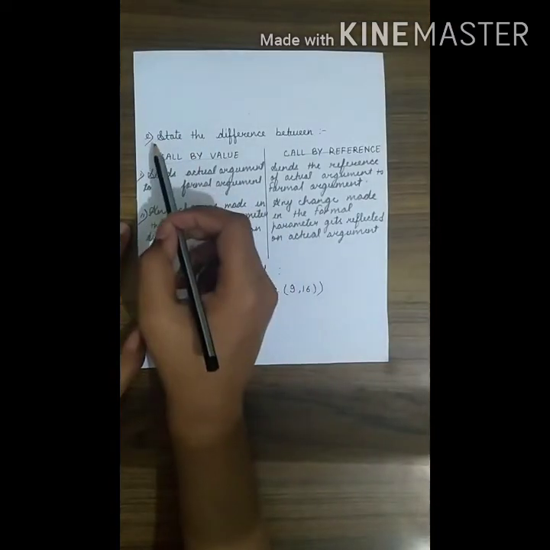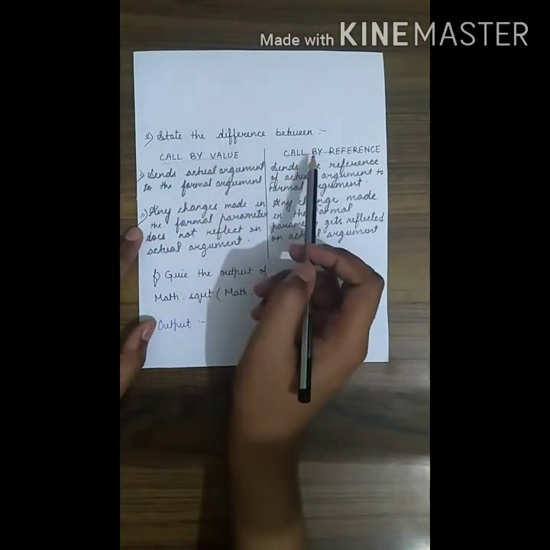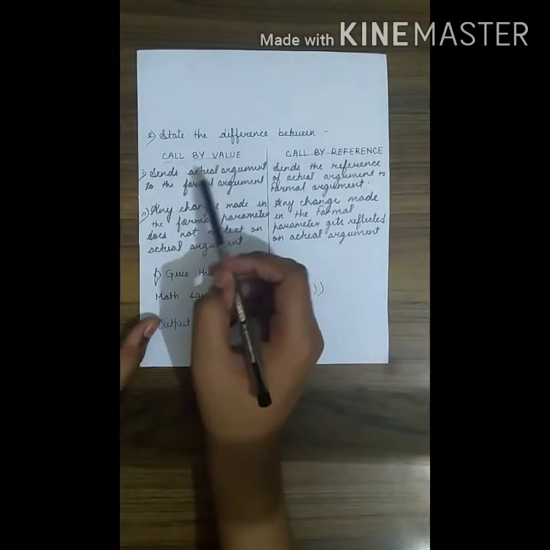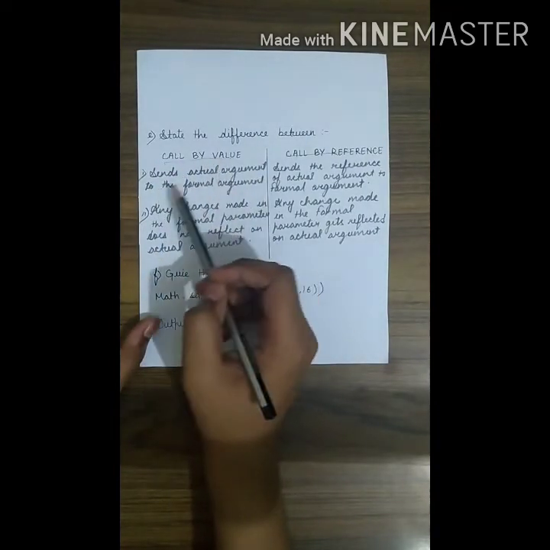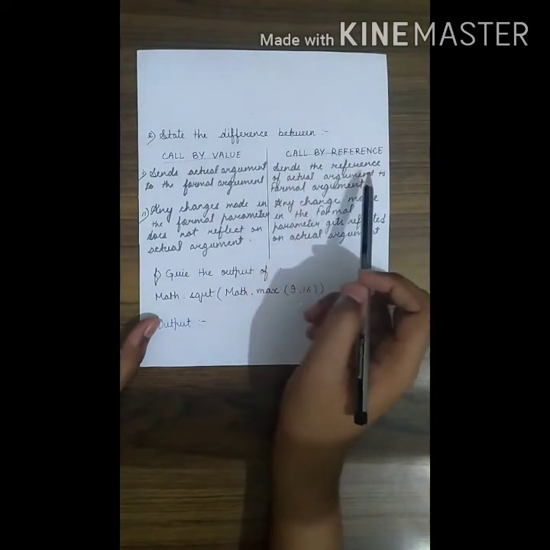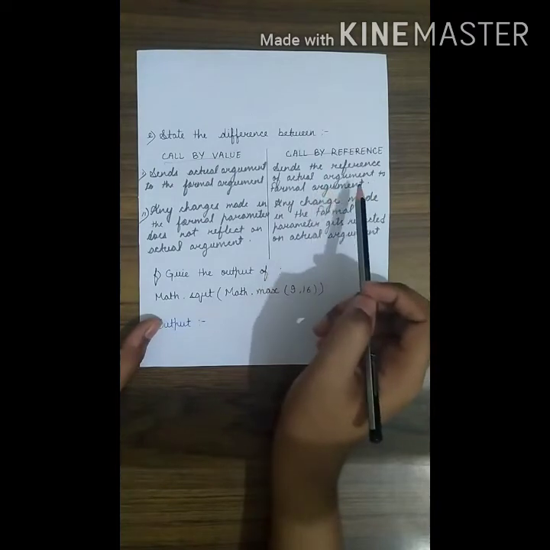Now let's move to the E part. State the difference between call by value and call by reference. The first difference is call by value sends the actual argument to the formal argument, and call by reference sends the reference of the actual argument to the formal argument.